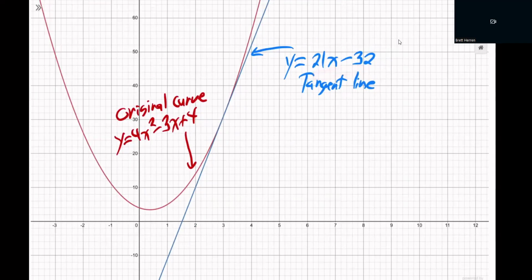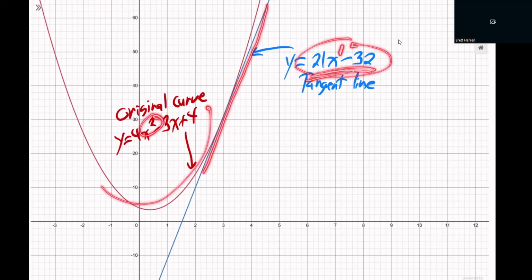See, they intersect around right here. What is a tangent line? A tangent line again is a straight line. This is a linear equation, meaning x is only to the first power. Linear equations and lines, x is to the first power. This is x squared, so a U-shaped parabola.